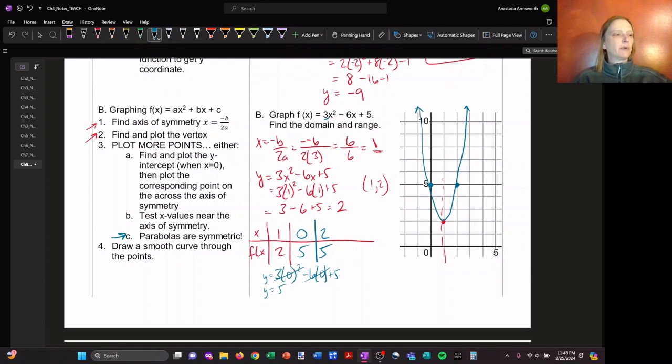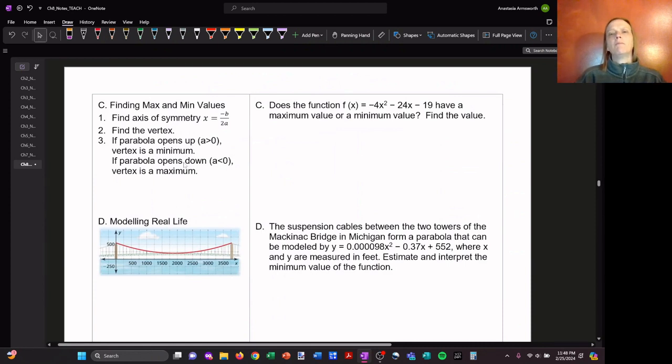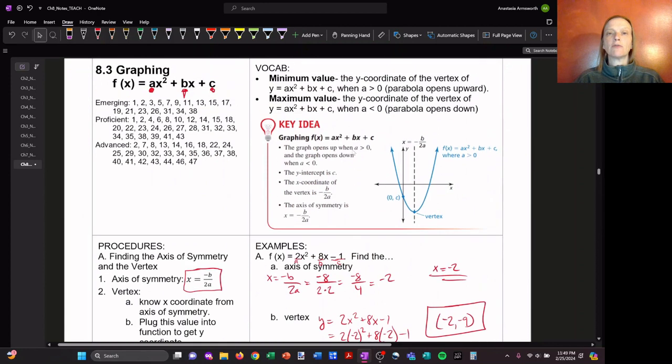Let's look at another example. Does the function f of x equal negative 4x squared minus 24x minus 19 have a maximum value or a minimum value? And then find that value. These are two new definitions for today.